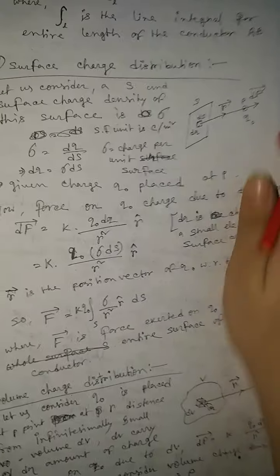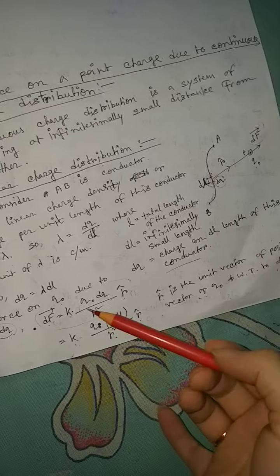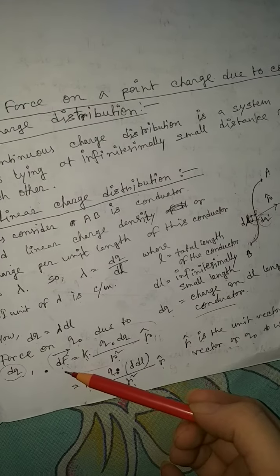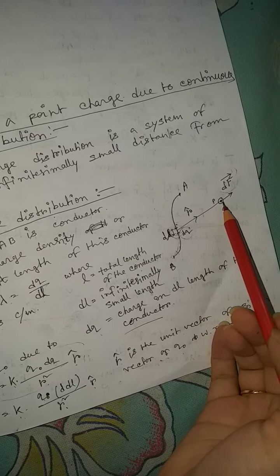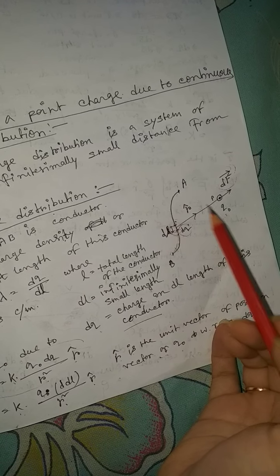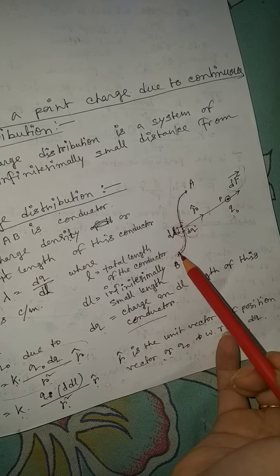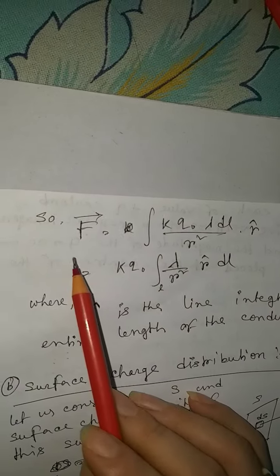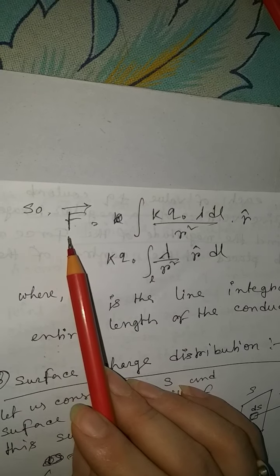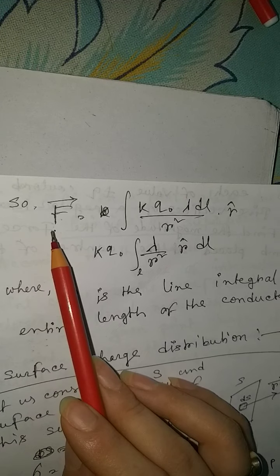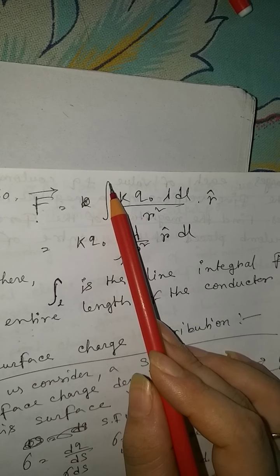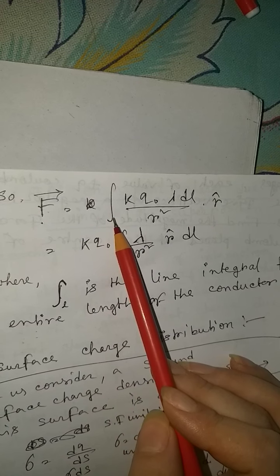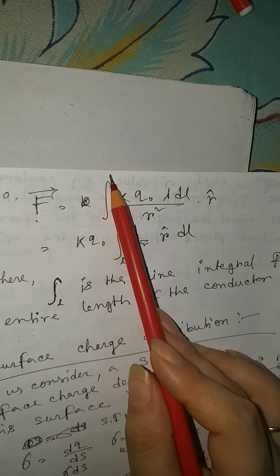So if we integrate this term, that means if we integrate dF vector, then we get the total force exerted on q naught charge due to the entire length of this conductor. So F vector indicates force on q naught charge due to the entire length of the conductor. For continuous charge distribution, we can use integration, right?